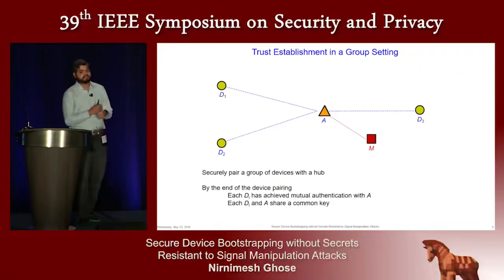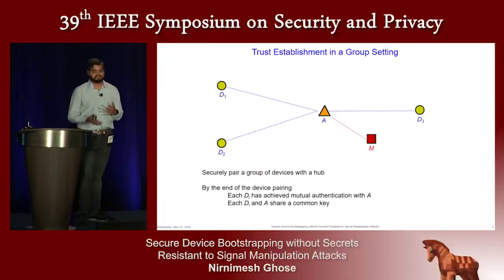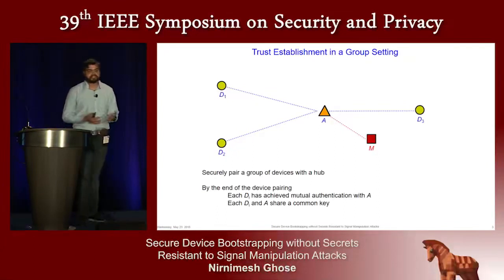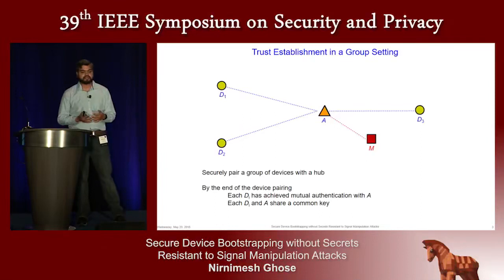In a group setting, in this example, D1, D2, and D3 want to establish trust with A. This can be done in two different ways. Either a group trust establishment protocol can be run, or a pairwise trust establishment protocol can be run between each device and the hub.